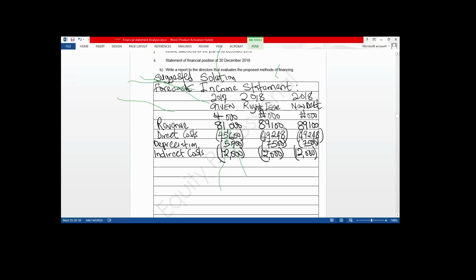With this, you can get your profits before interest and tax. Revenue, less direct cost, less depreciation, less indirect cost. This will give you your profits before interest and tax.